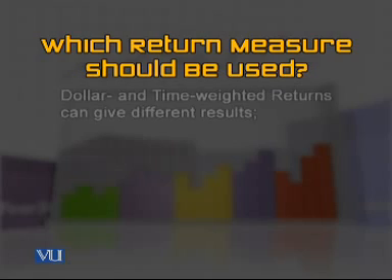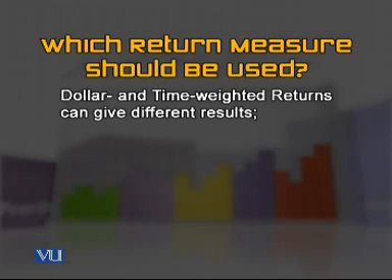We talked about time-weighted measurements, and we talked about rupee-weighted measurements. So which return should we consider the better one of the two? Which return measure should be used or decided upon? Different results for time-weighted measures, different results for dollar-weighted measures.